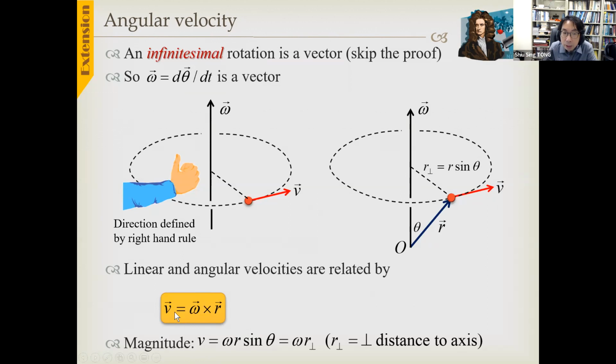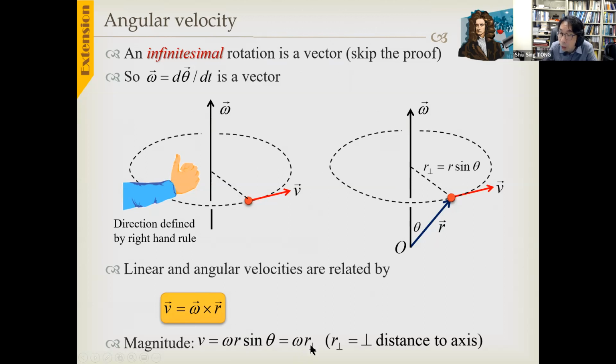And the second thing is to look at the magnitude. v must be equal to omega r multiplied by the sine of the angle between omega and r, so it's omega r sine theta. But what is r sine theta? You look at this triangle. This is a right angle triangle. This is the radius of the circle, and this angle is a right angle. So r sine theta is the radius of the circle, r perpendicular.